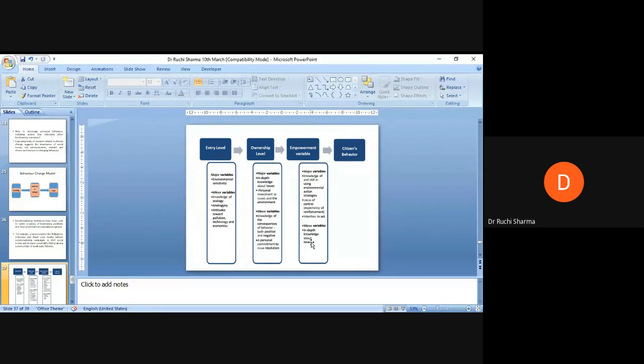After having all this information, we move towards the empowerment variable, where people will have the knowledge as well as the skill in being environmentally friendly. They will understand what will bring a positive change in the environment, so they have the intention to act.